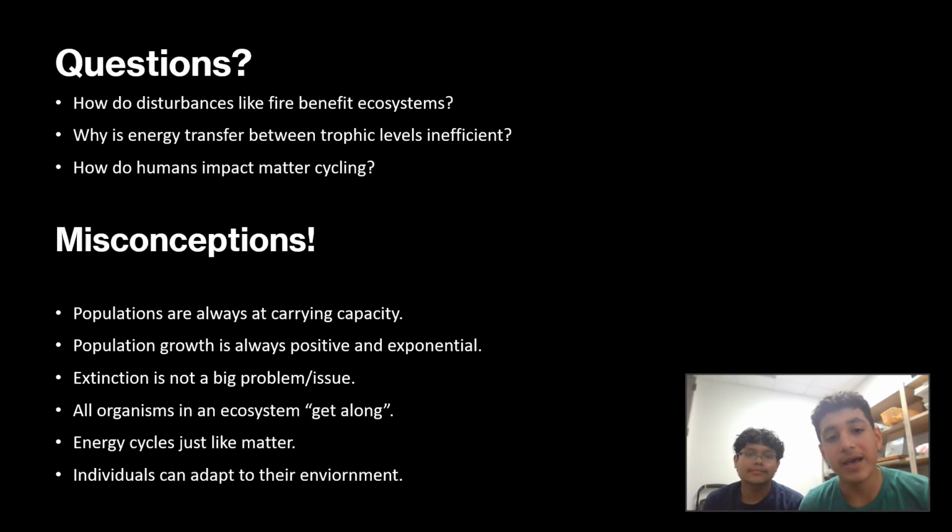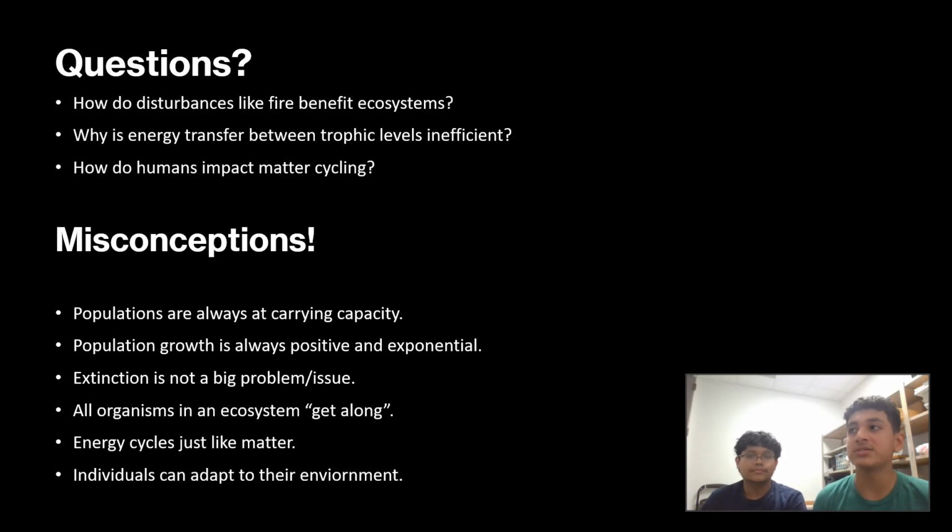Alright, now here we have some questions. How do disturbances like fire benefit ecosystems? Well, fire disturbances can actually help the ecosystem by clearing dead organic matter, reducing fuel buildup, and stimulating new growth. Why is energy transfer between trophic levels inefficient?